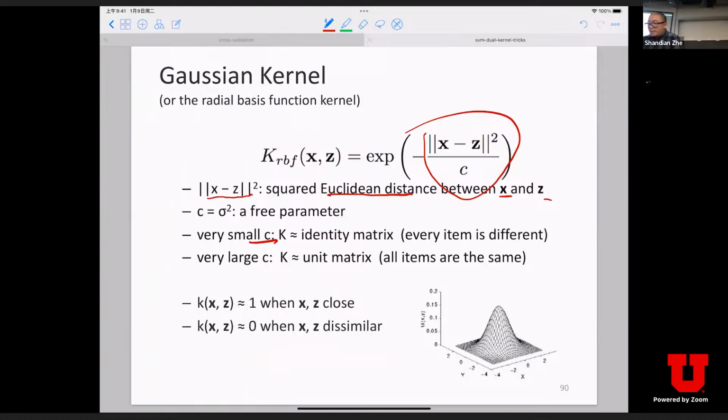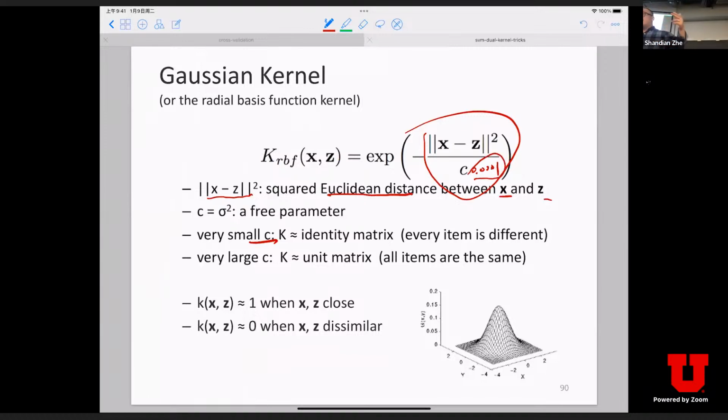If c is very small, say 0.0001, imagine that there's only a tiny difference between x and z. Then your squared Euclidean distance is non-zero, you divide by a super small value, and it becomes very large.